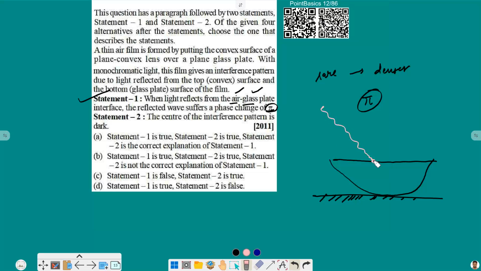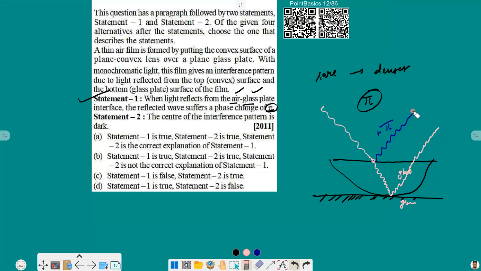Now upon incident at this point, this light gets a phase change of pi, so it becomes plus pi, and transmitted light goes without any phase change. Now upon striking here, this is glass and this is also glass, so there will be no phase change, and so light keeps on traveling like this.